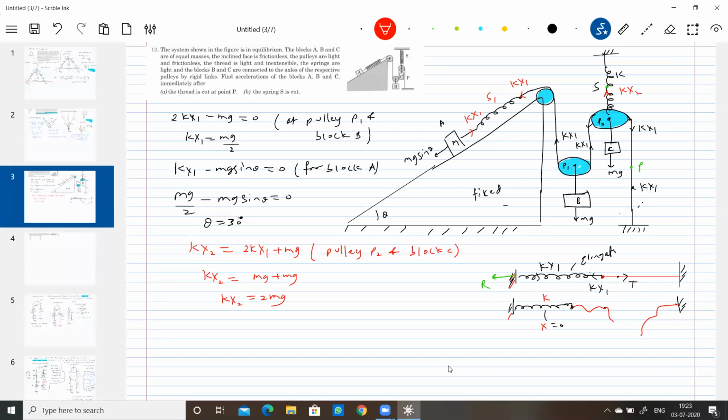So the first case, I'm starting the first case here. The thread is cut at point P. What will happen to the spring?